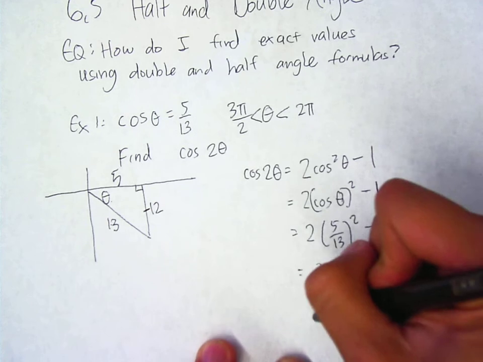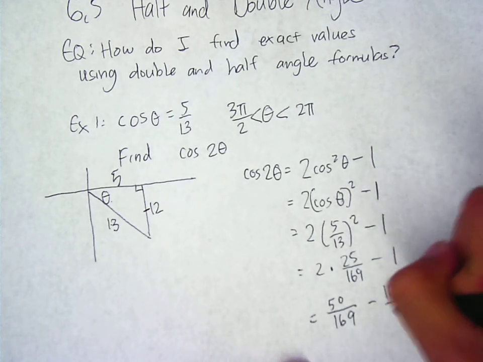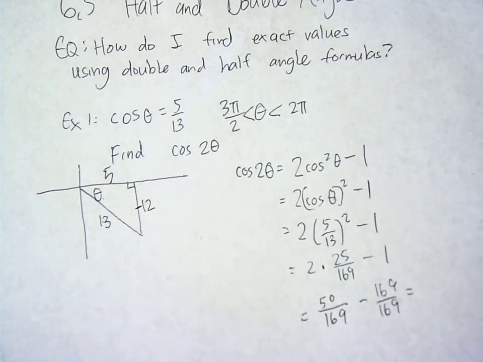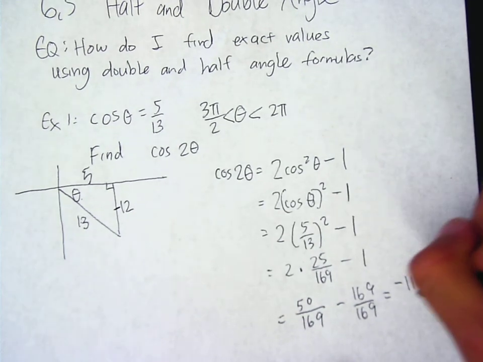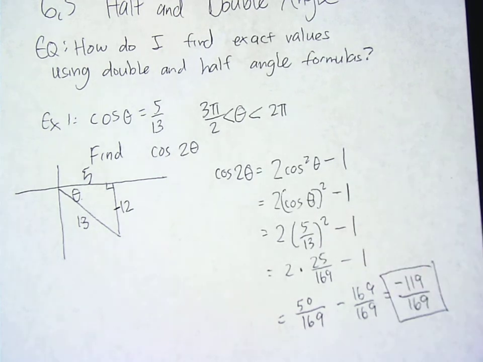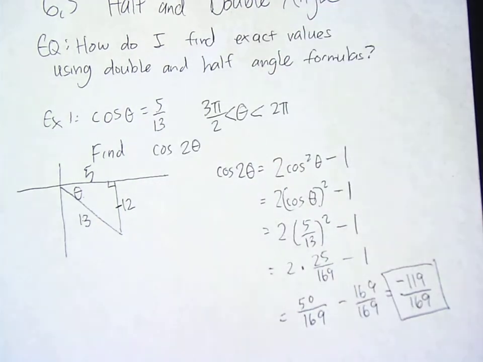Well, instead of minus 1, I'm going to have a common denominator, so it's going to be minus 169/169, and that will eventually simplify to -119/169. Okay, and sine and tangent are roughly the same thing. I just have to pick one and use my triangle to find that particular value. Okay. Alrighty, so that's a double angle one.